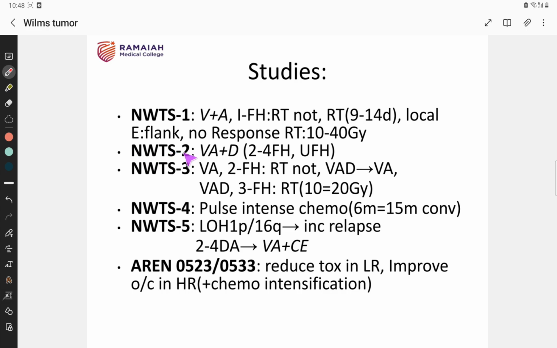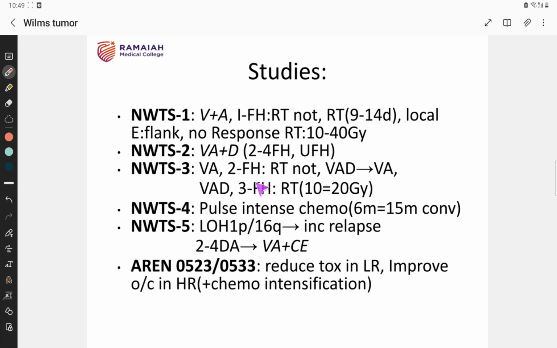NWTS2 is where they showed the addition of doxorubicin for stage 2 to 4 favorable and unfavorable histology. NWTS3 trials showed that in stage 2 favorable histology, patients receiving VA do not need RT. This removed doxorubicin and gave only VA in case of stage 2 favorable histology.